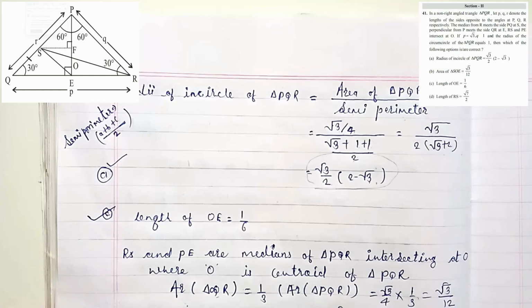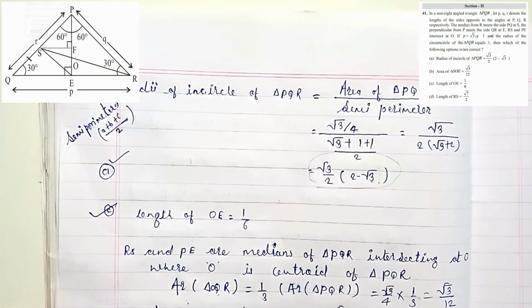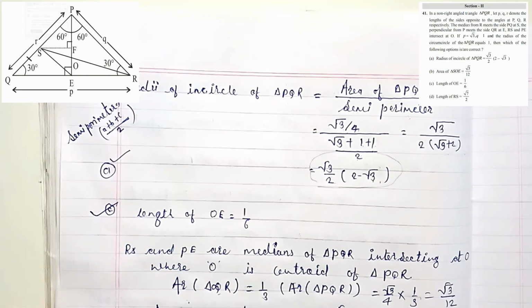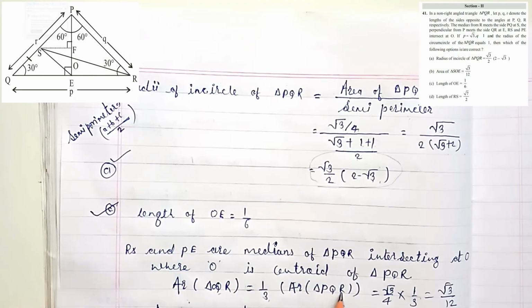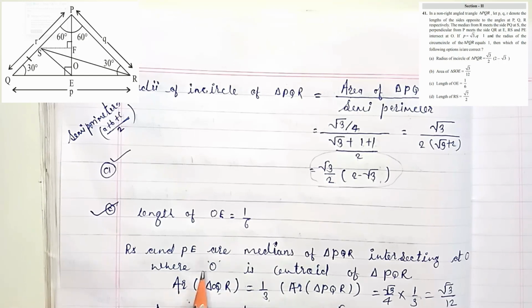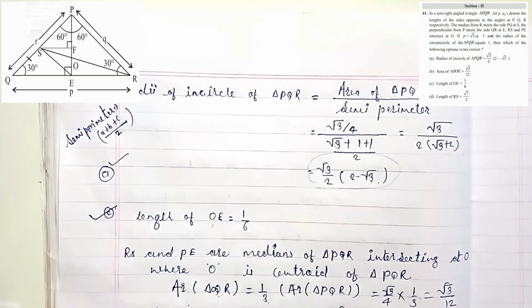See here in the figure: the area of triangle PQR is 3 times the area of triangle OQR, because RS and PE are medians of triangle PQR intersecting at O, where O is the centroid. So the area of triangle OQR is one third of the area of triangle PQR. First of all, if you want the length of OE, we have to find out the area of a triangle, because we cannot find the side directly.